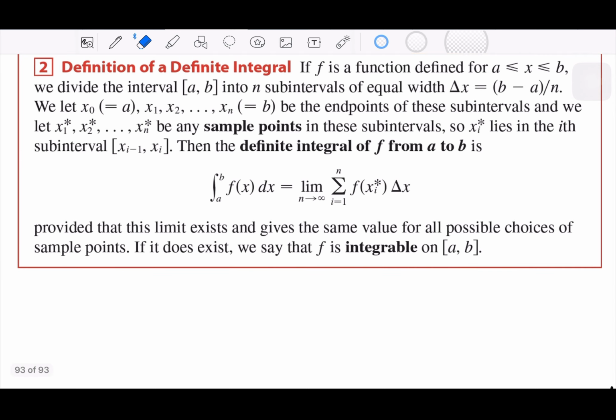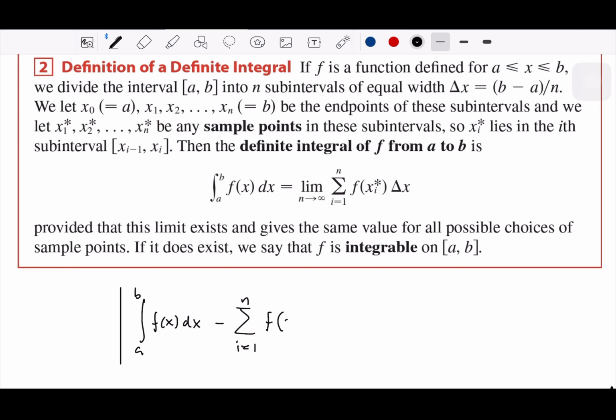So we could say the definition for the precise one is the integral minus the sum, this will be less than epsilon.